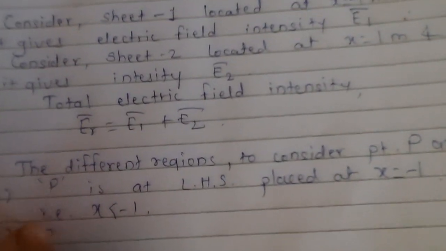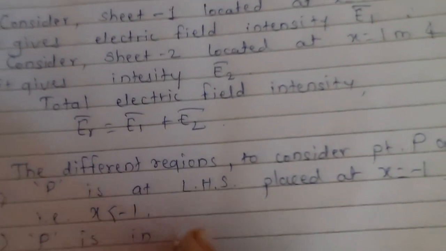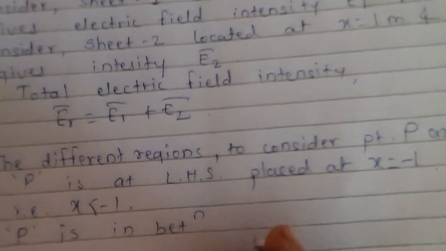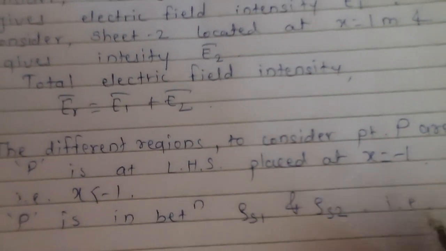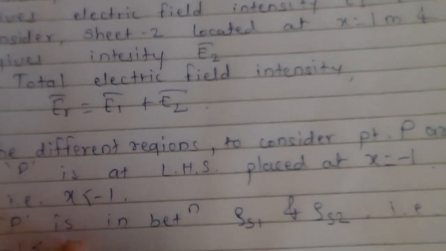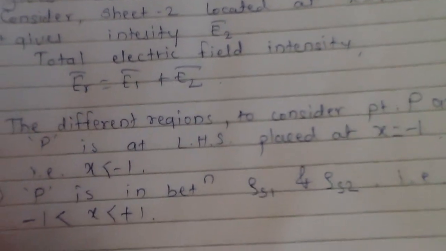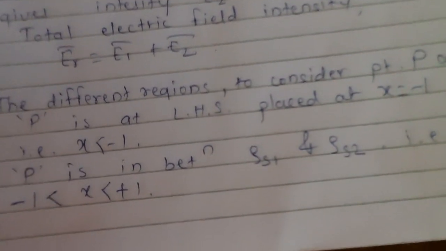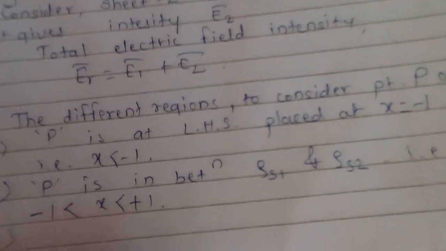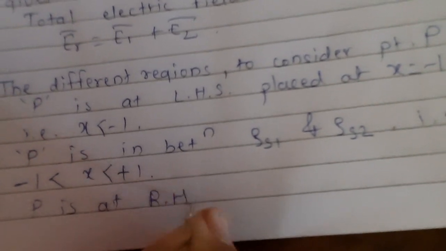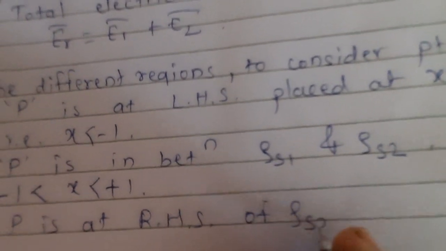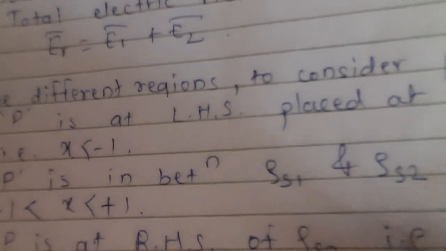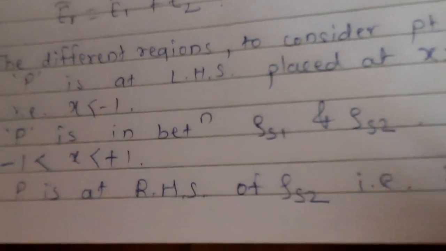The second region is P in between, that is x is between minus 1 and plus 1. And the third condition is P at the right hand side, that means x is greater than plus 1.